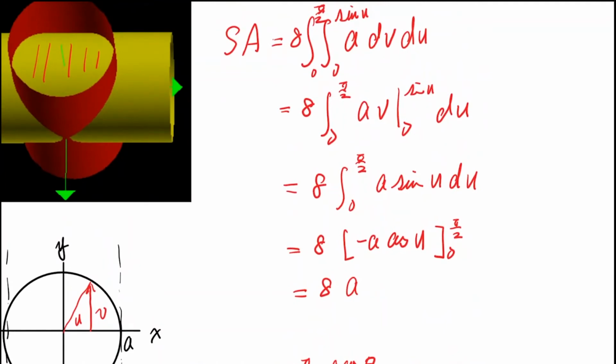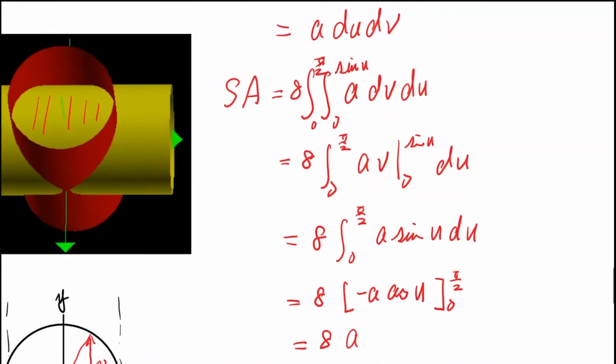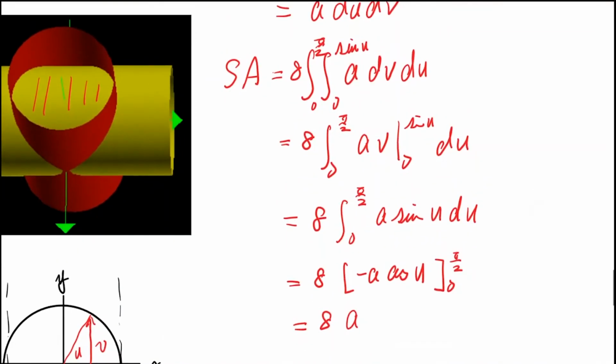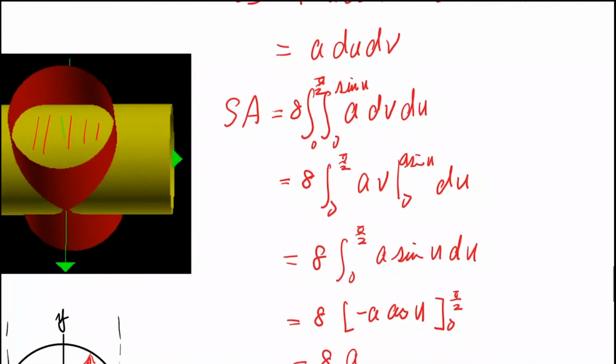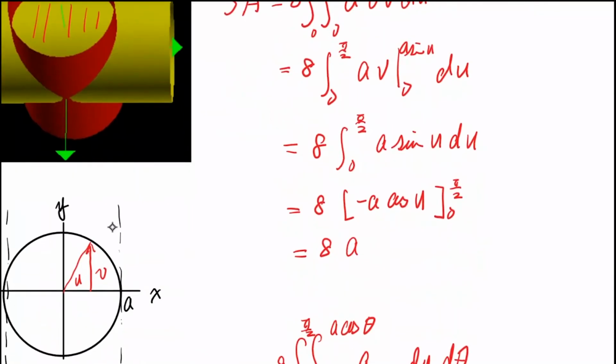I think you're missing an a on the sine u, the very top. Sine, oh, this has to be a, right? Yeah, this needs to be an a right there. This radius is a, so this v will vary from 0 to a sine u, like that. Okay?